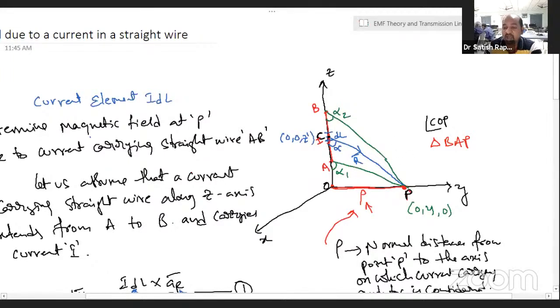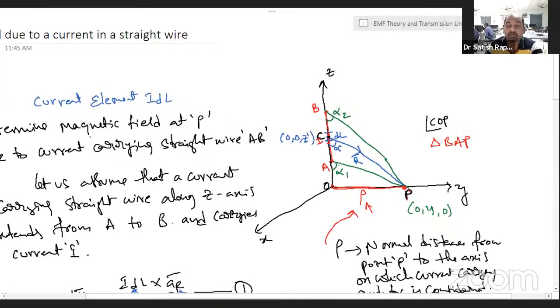For this triangle, alpha 1 is the outer angle, not inside the triangle. Alpha 1 is not inside the triangle ABP, it is the angle outside the triangle, whereas alpha 2 is the inside angle.